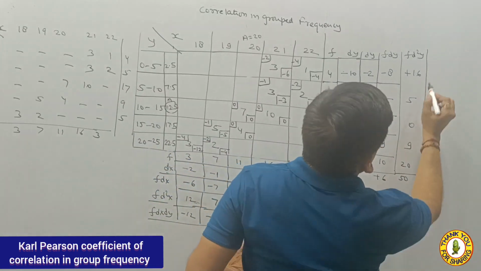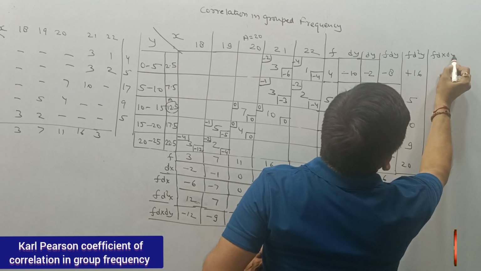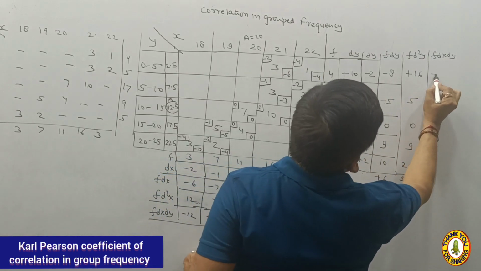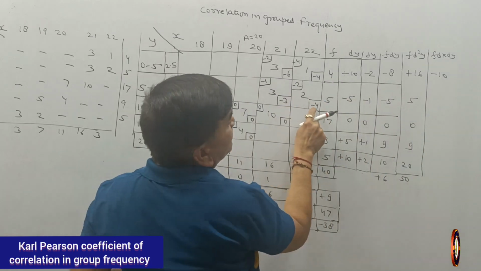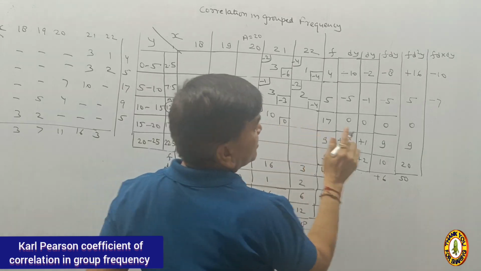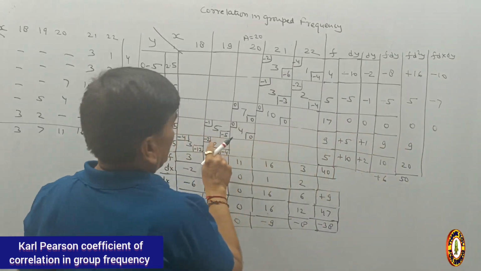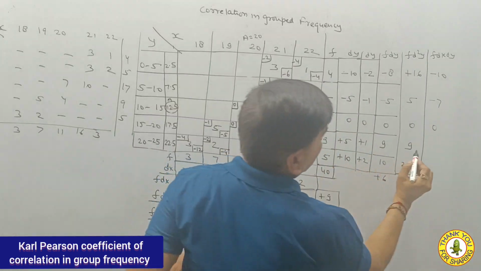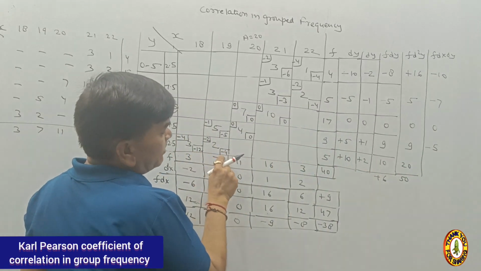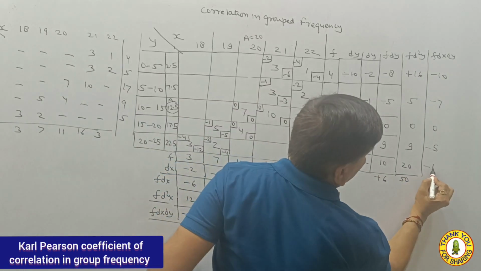And last we require f dx dy. So here 6 and 4, that is minus 10, 3 and minus 4, that is minus 7, 0 plus 0, that is 0, minus 5 plus 0, that is minus 5, and minus 12 and minus 4, that is minus 16.